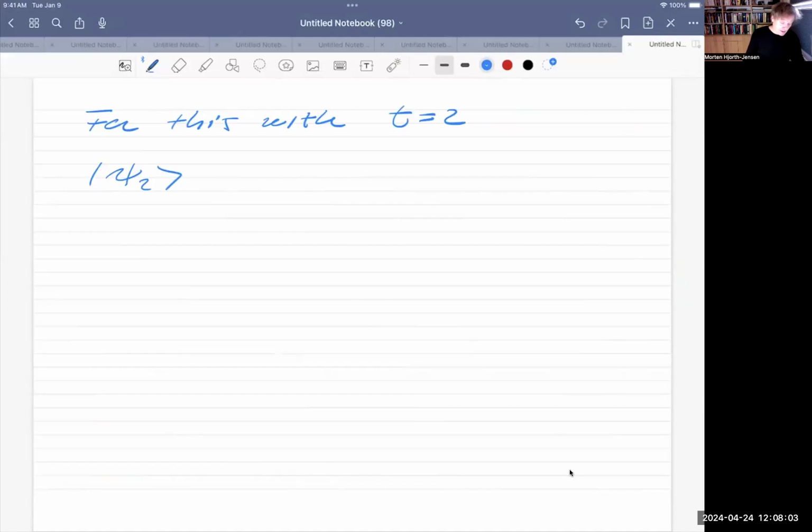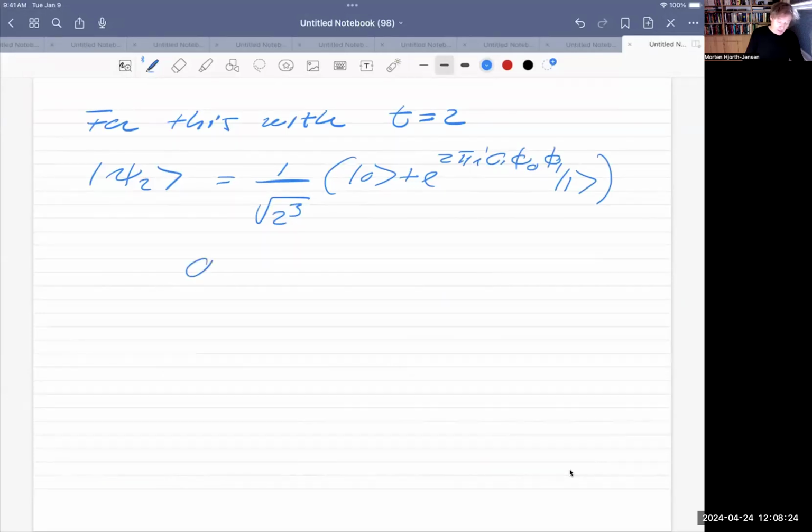So what we end up with is 1 over 2 to the power of 3, then 0 plus e^(2πi·0.φ0φ1) multiplied with qubit 1 state, and this has a tensor product with 0 plus e^(2πi·0.φ1) multiplied with 1.